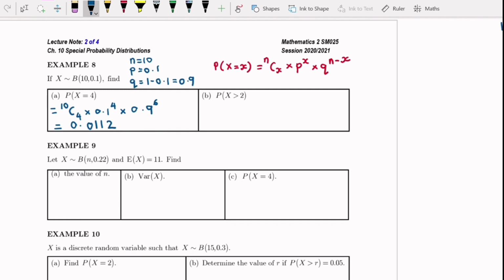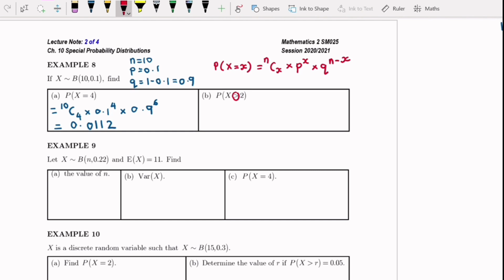Now, let's look at question B. Find the probability of X greater than 2. Now we will use the binomial table, but before that, we need to change the greater sign to greater-equal, because the binomial table only gives values for greater-equal. If we have X greater than 2, that means 2 is not included.